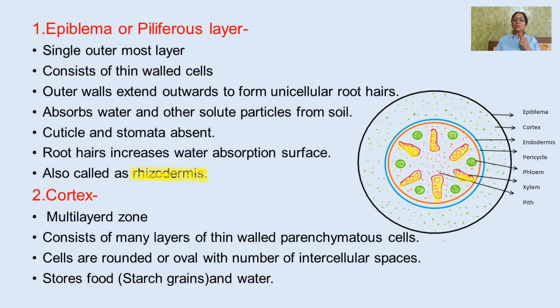Then the next part is the cortical region. You can see in this diagrammatic figure, the epiblema is the outermost region, and it is followed by the dotted portion, which is known as the cortex. What does the cortex consist of? It is a multi-layered structure having many layers of thin walled cells.